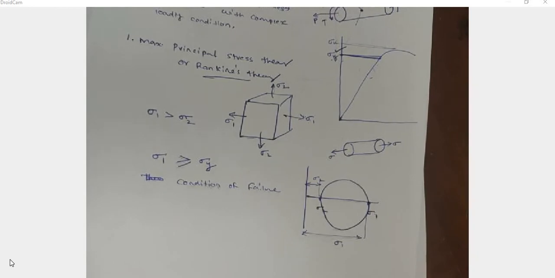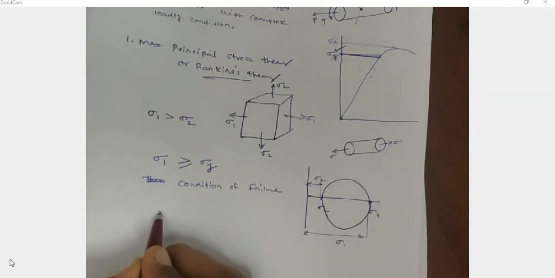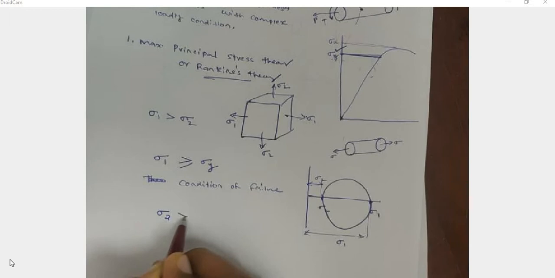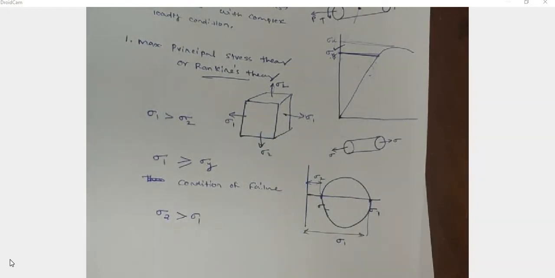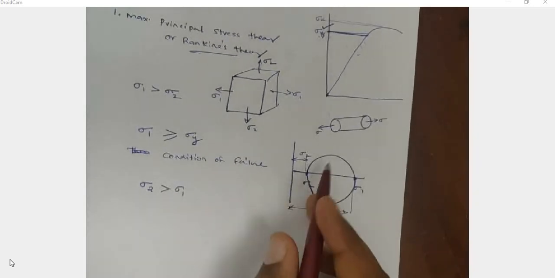And the second condition: sigma 2 is greater than sigma 1. So in this case, again we can plot a Mohr's circle.